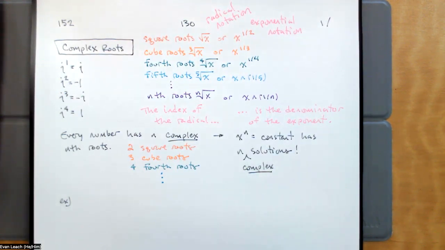Every number has n complex nth roots. So the equation x to the n equals some constant must have n complex solutions. So it's going to start off very algebra, and then we're going to drop some trig into it.